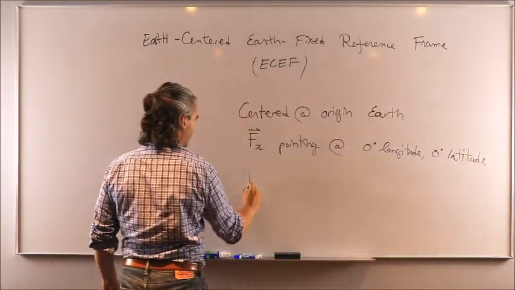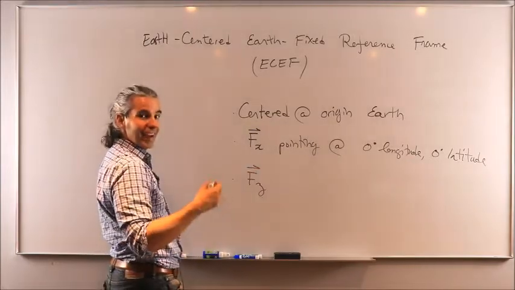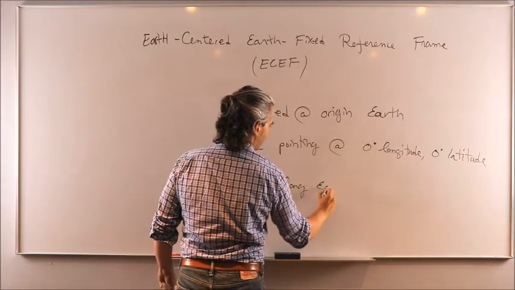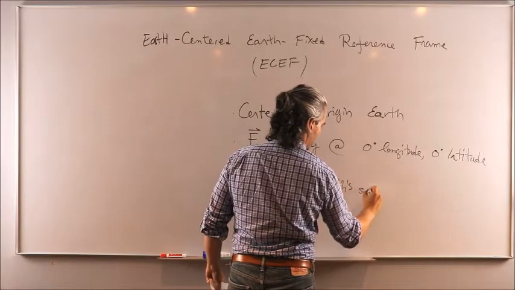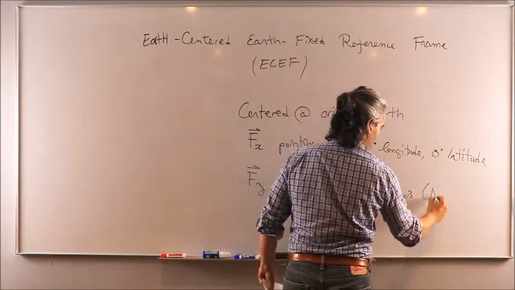We have the ECEF Z unit vector, which coincides with the ECI Z unit vector, so it is along the Earth spin axis towards the North Pole.